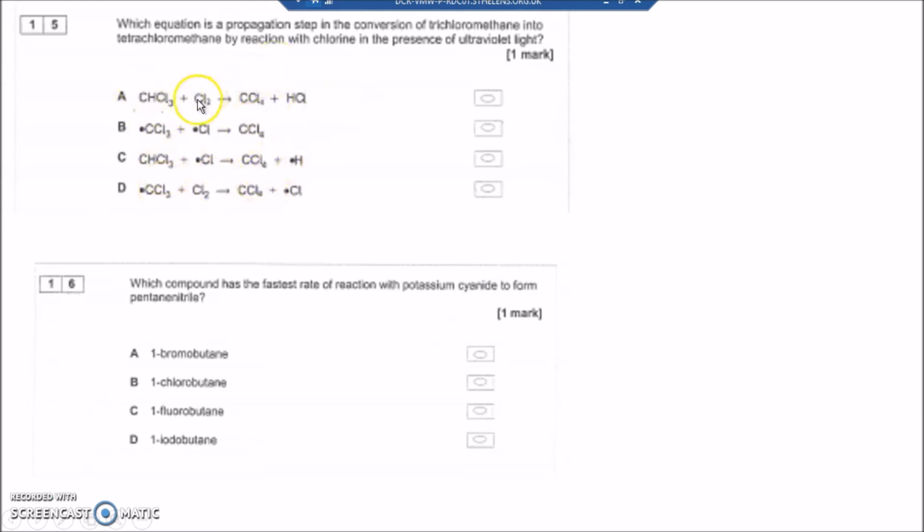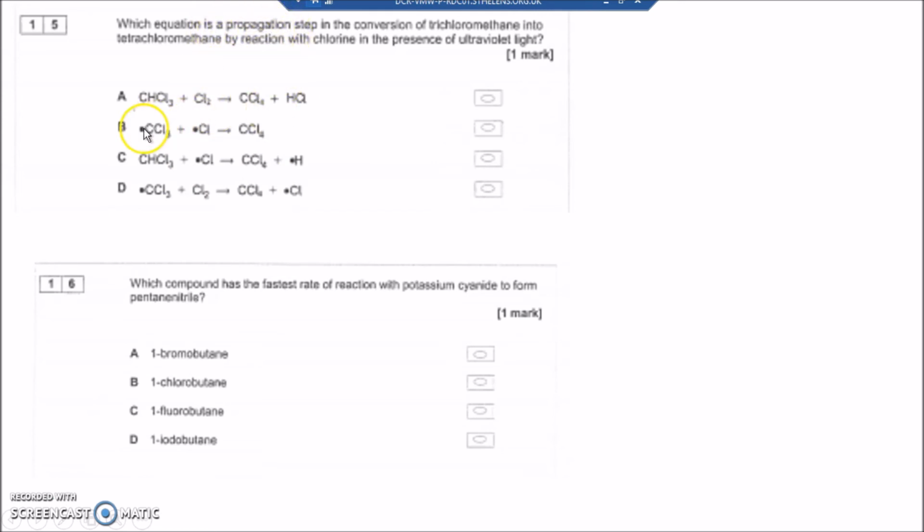If you have an initiation step, that is where the dots only appear on the right, so you've got something like chlorine Cl2 making 2 Cl dots on the right. We haven't got anything like Cl2 going to 2 Cl dots. We've got no initiation step. Okay, we're after a propagation step anyway.